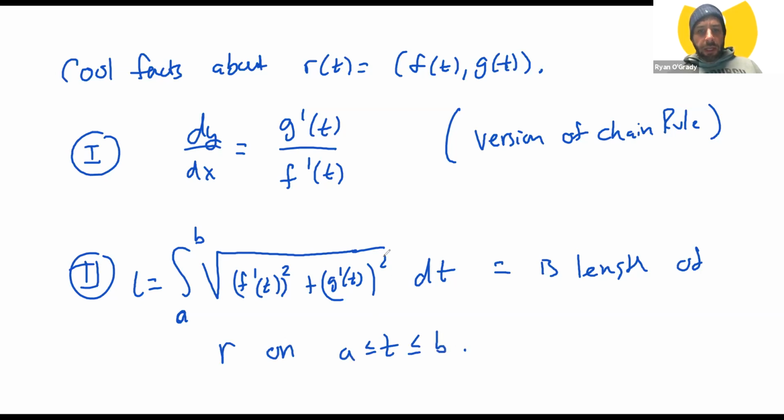So we can now describe the length of more general curves than we could early in the semester.